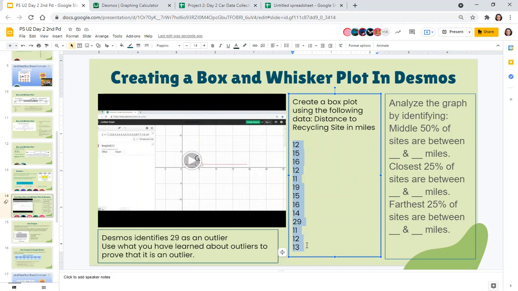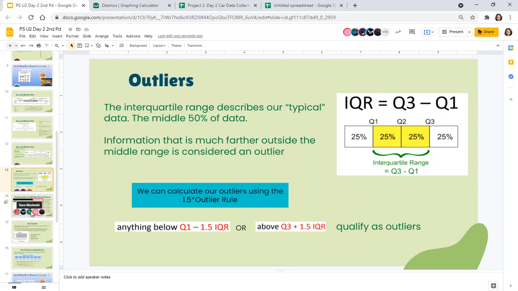We are going to put these numbers into Desmos, and we're going to make a box plot in Desmos. Google Sheets makes something called a candlestick graph, but it doesn't have the median on it, so Google Sheets is not a good one for this. But down here it says Desmos identifies 29 as an outlier. Use what you've learned about outliers to prove that this is an outlier. So we are going to go back to this definition, and we're going to use that.